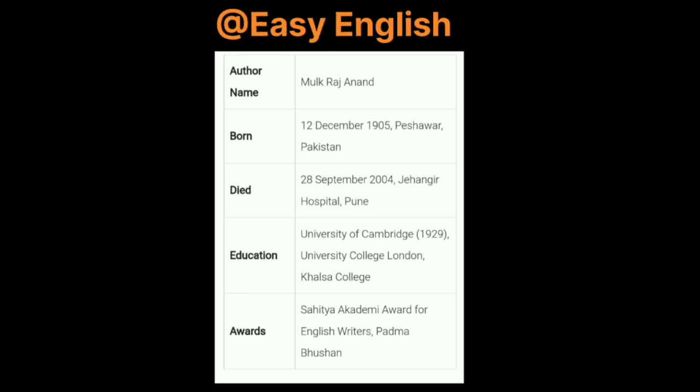And his awards are what? Sahitya Akademi Award. He got the Sahitya Akademi Award for English writers and also the award of Padma Bhushan. So all these points we have to remember before starting the short story The Lost Child by Mulk Raj Anand. So now let's start with the short story.